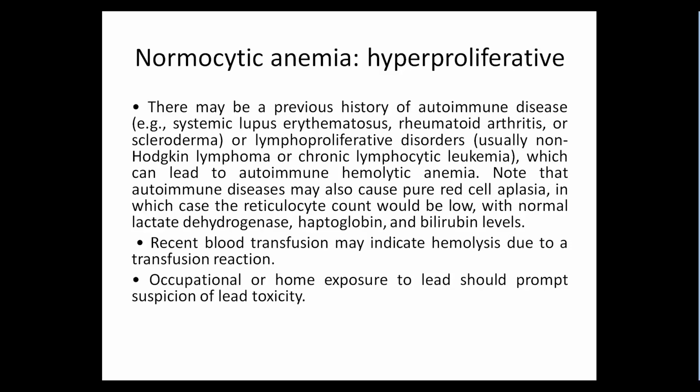Note that autoimmune disease may also cause pure red cell aplasia, in which case the reticulocyte count would be low with normal lactate dehydrogenase, haptoglobin, and bilirubin levels. Recent blood transfusion may indicate hemolysis due to a transfusion reaction. Occupational or home exposure to lead should prompt suspicion of lead toxicity.